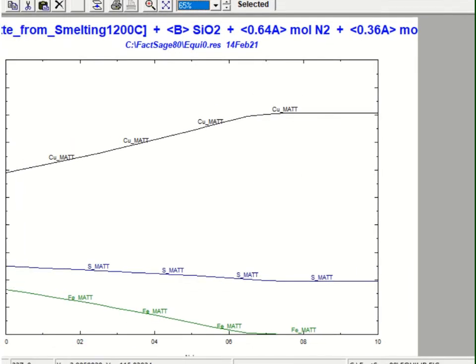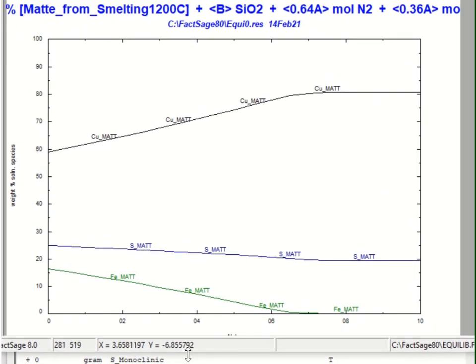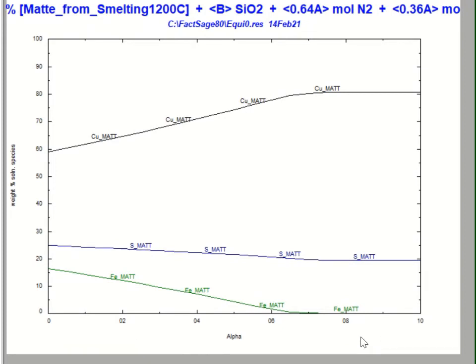Then you'll see the result like this. Sorry. So here you can see the amount of the gas phase, the air in mole, and y is the weight percent of species in solution. So this is copper, sulfur, and iron in solution.